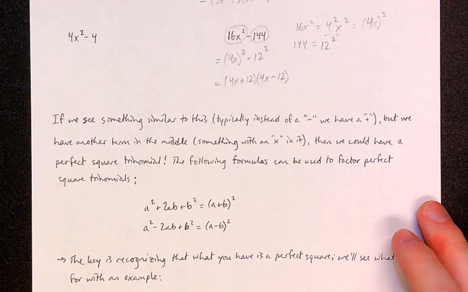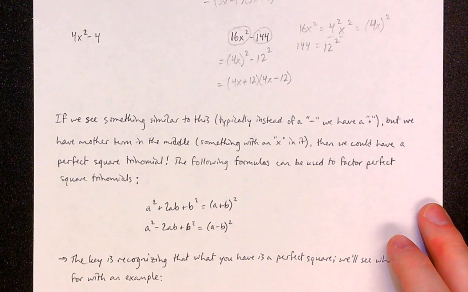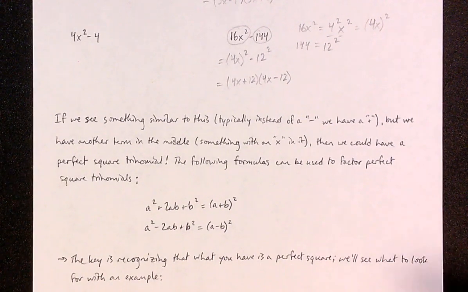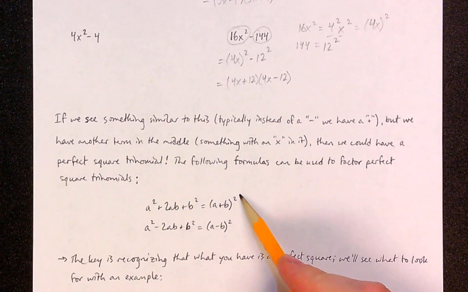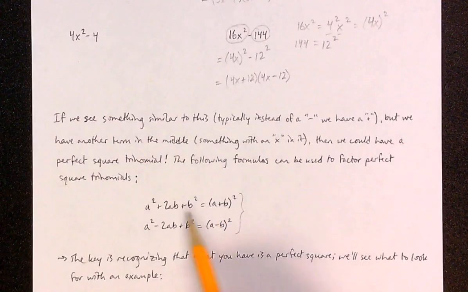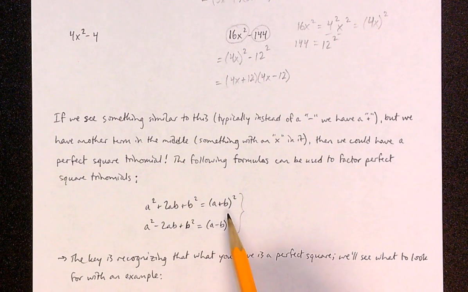So we could have what is referred to as a perfect square trinomial. What we mean by that is you could have a trinomial that is equal to one binomial squared. And these are the general formulas for being able to factor perfect square trinomials. (a plus b) squared is equal to a squared plus 2ab plus b squared.